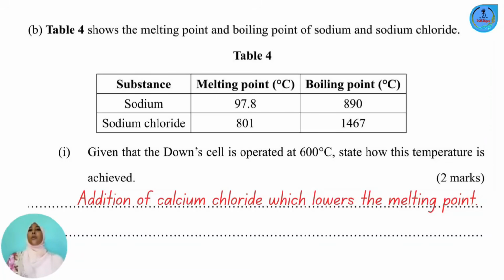When you talk about an impurity, it's simply a substance that does not belong. In this case, we are going to add an impurity in the form of calcium chloride. It's going to lower the melting point of sodium chloride from around 801 to around 600, therefore allowing it to melt at the lower temperatures.